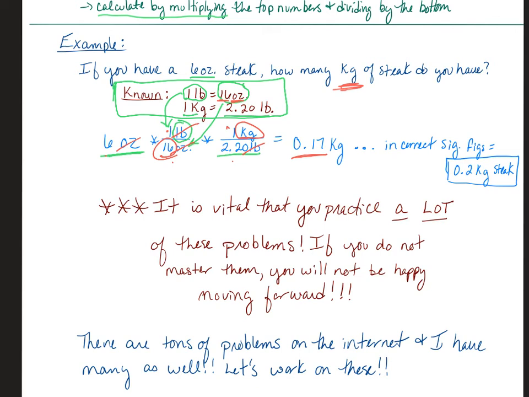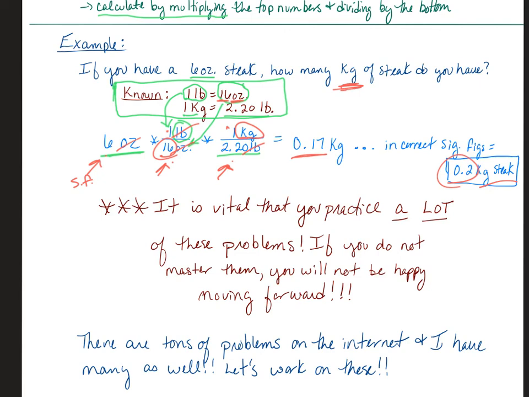Now keep in mind, I'm not sure if this is an exact value, but we can assume that it is for right now because this only has 1 sig fig, which means that we need to report this to 1 significant figure. So that's about 0.2 kilograms of steak.